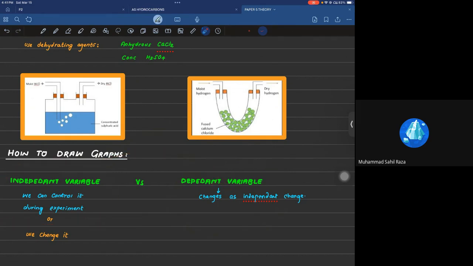Let's suppose, if you remember the rate experiment, we used to find the factors on which the rate depends. We had some factors: concentration, pressure and temperature. Okay, these are the factors.